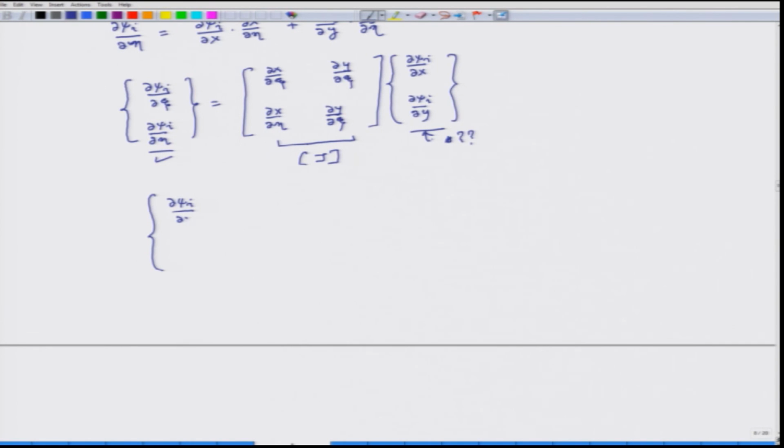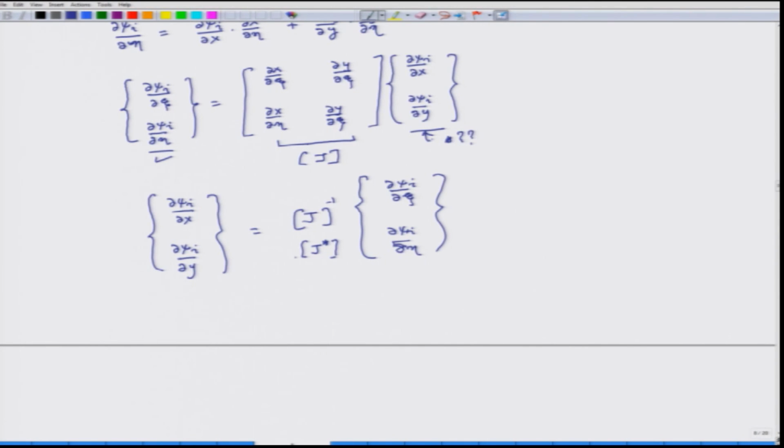So, if this is a Jacobian, then I can write del psi I over del x, del psi I over del y equals J inverse times del psi I over del zeta, del psi I over del eta. Okay. And a lot of times I also call this J star, so that I do not have to write it several times.